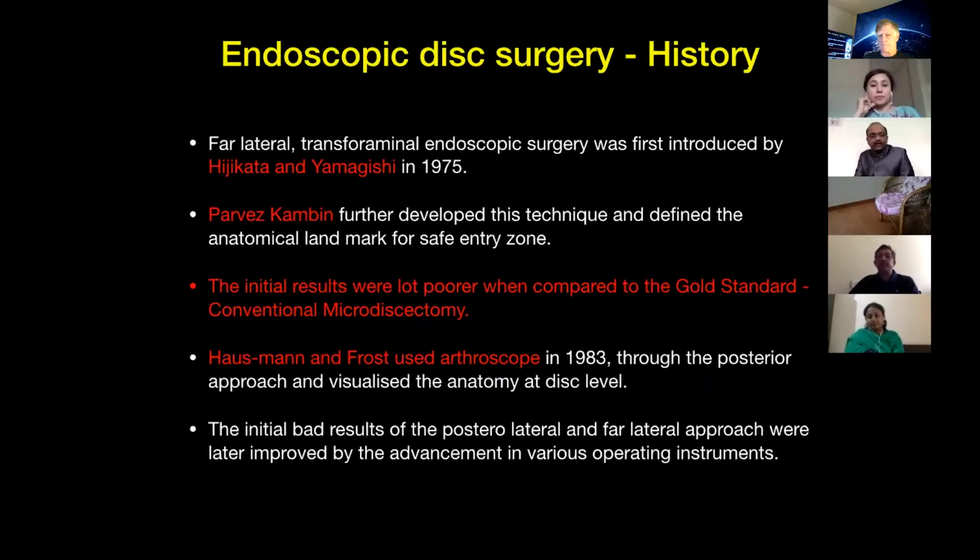They introduced a needle from the foraminal route into the nucleus pulposus, from which they gradually innovated various techniques, and finally they are quite successful recently. Of all these names, I want you to concentrate on Parvez Kambin, who developed this technique and also defined the anatomical landmark for the safe entry zone.